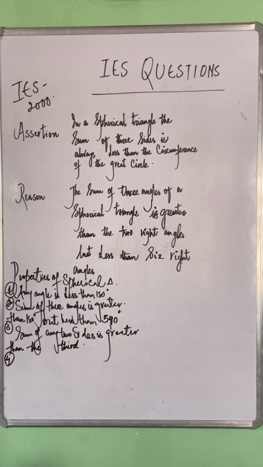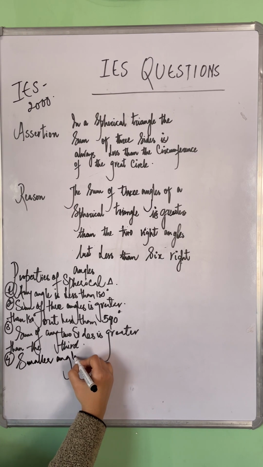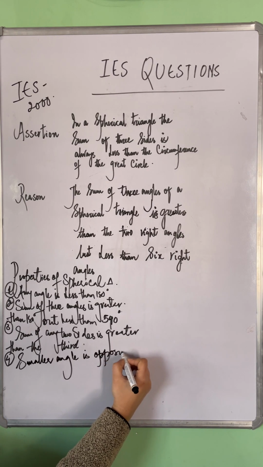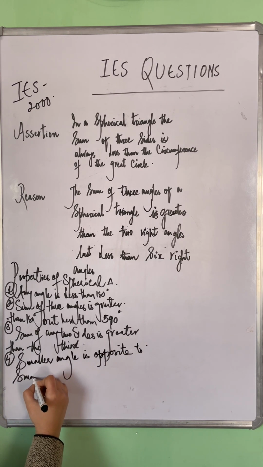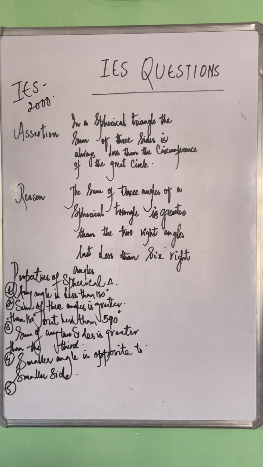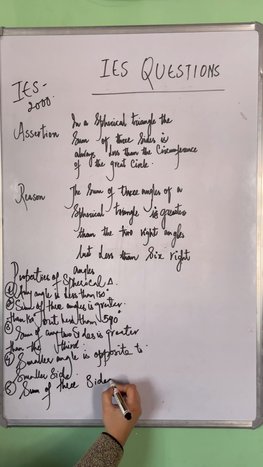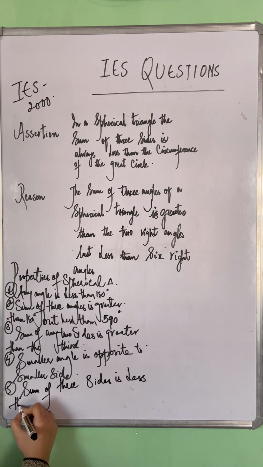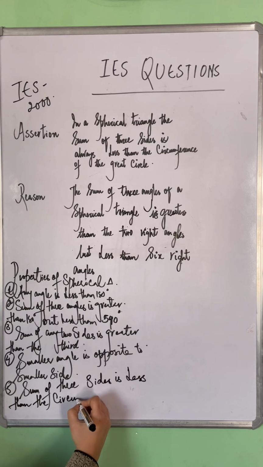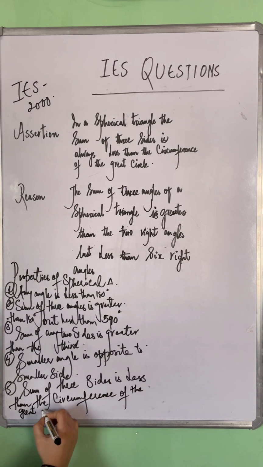The fourth property of a spherical triangle is that the smaller angle is opposite to the smaller side. And the fifth property of a spherical triangle is that the sum of three sides is less than the circumference of the great circle.